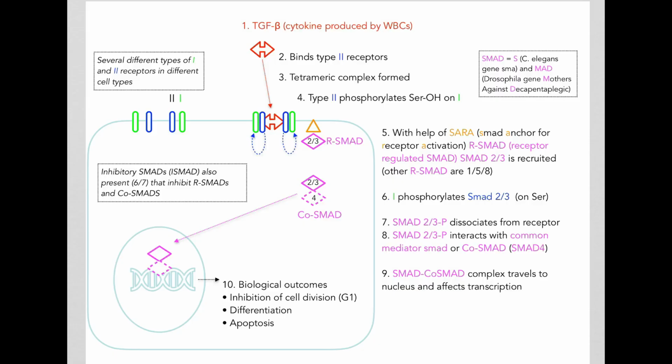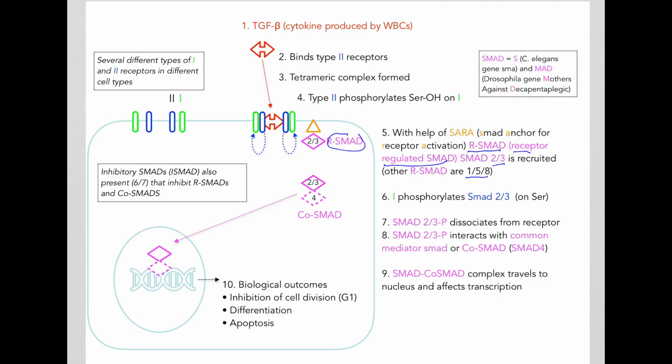The phosphorylated receptor is now going to recruit proteins called RSMADs. RSMAD stands for receptor regulated SMAD. Now there are several types of RSMADs, including 1, 5, 8, 2, and 3.